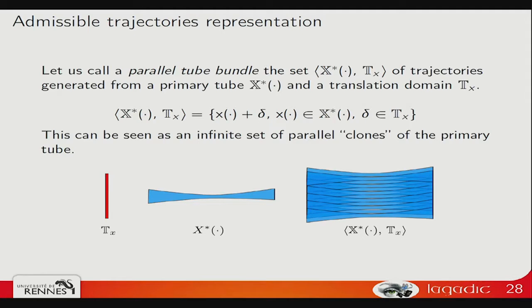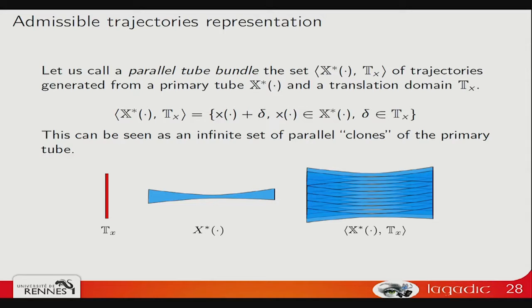This parallel tube bundle is the set of all these tubes translated by this translation domain. So we represent the possible trajectories this way, and we see that if we start from here, we cannot go there because we have to follow one of these tubes. So we keep more of the information of the flow.